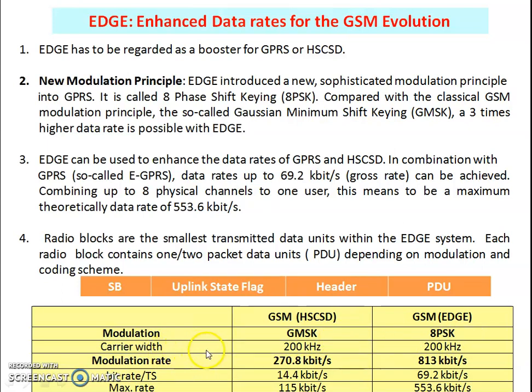The standard carrier bandwidth of 200 kHz is maintained the same. The modulation data rate was 270.8 kbps, and here it becomes 812.5 kbps. The bit rate was 14.4 kbps, and here it becomes 69.2 kbps, which we have seen in the above discussion. The maximum data rate that we can get out of it is 553.6 kbps.